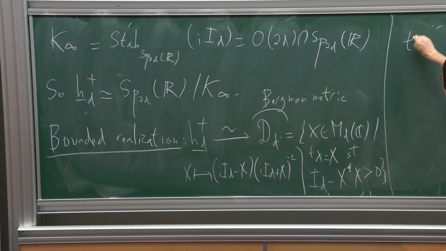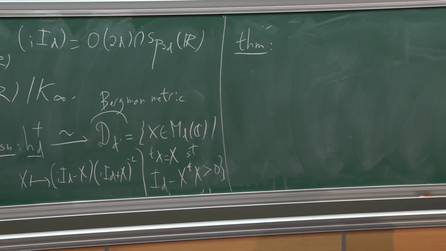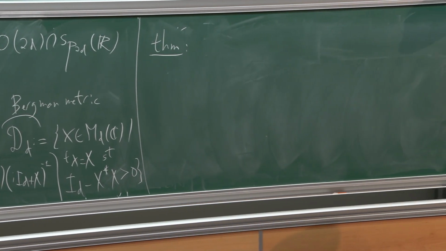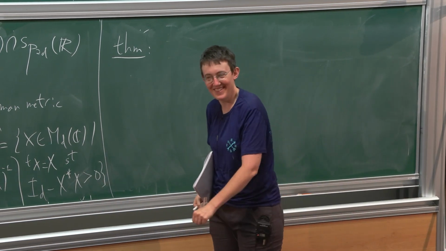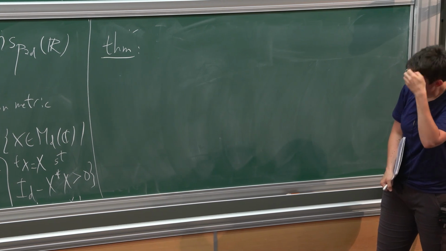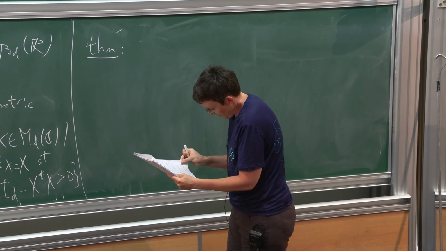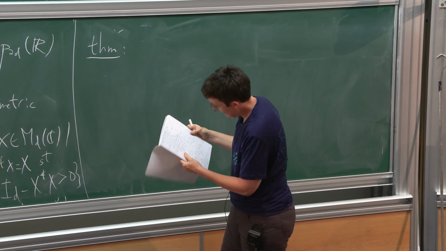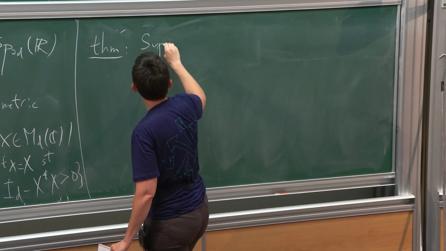So now let's look at the general case. This was a proof that Hermitian symmetric domains do exist, and actually they are all classified. So here's the theorem.